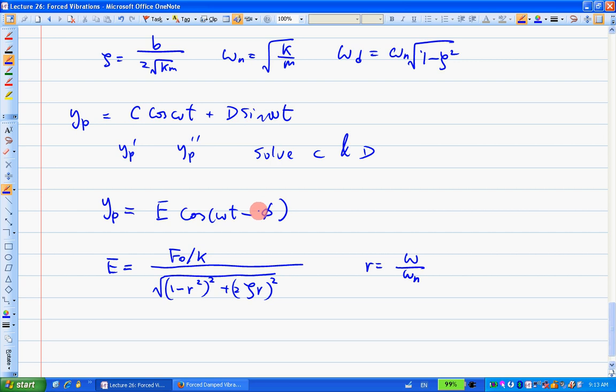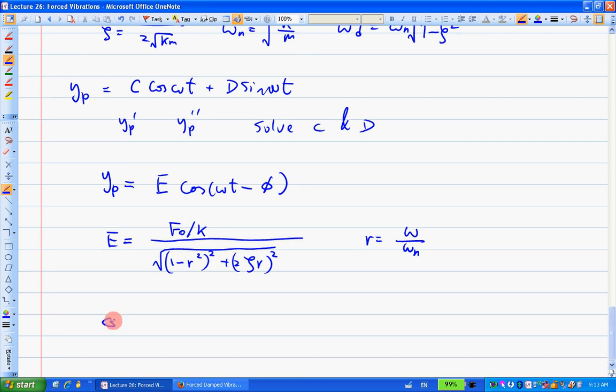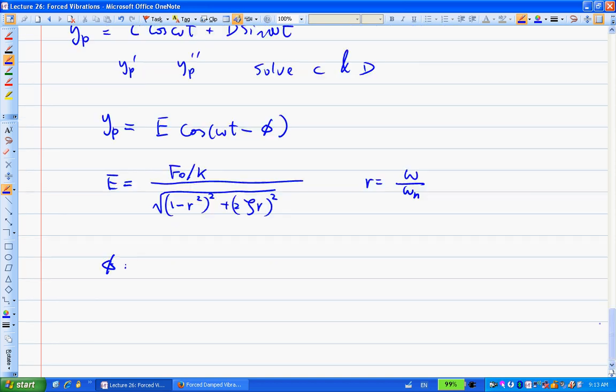And this phi here, which is the phase, also takes certain values. So phi has two formulas. Number one is when omega over omega n is less than 1. When the input frequency is less than the natural frequency, phi is tan inverse of 2 zeta r over 1 minus r squared.